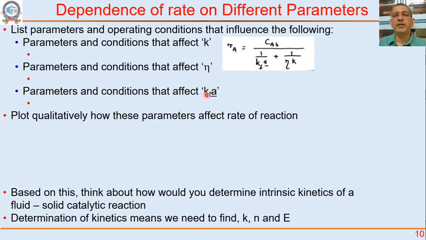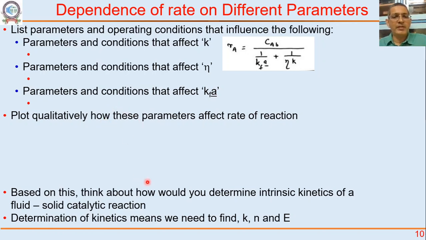What parameters would affect the mass transfer coefficient Kf? It would be turbulence, meaning velocity, Reynolds number, Schmidt number. What parameter would affect interfacial area? Surface area, external surface area per unit volume. This would be affected by size. So I want you to plot qualitatively how these parameters affect the rate of reaction.